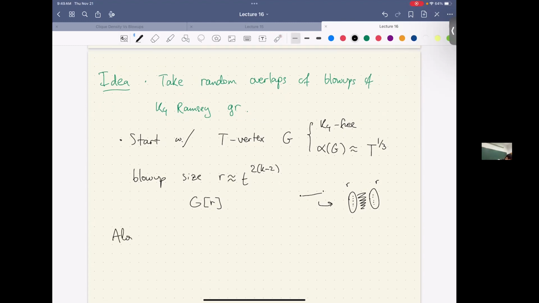Alon and Rödl proved that for such a blow up, G_R, the number of vertices is T times R, right?